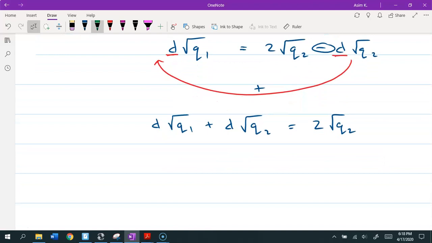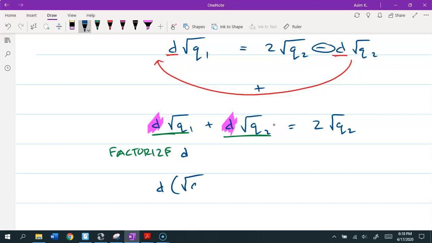Now this is a step called factorization. And in factorization, what you do is you factorize what's in common in both of the terms, and you'll notice that what's repeated in both terms is the d. So what we'll do is we'll factorize out the d, all right? So when we factorize out the d, this is pretty much the end of this question.